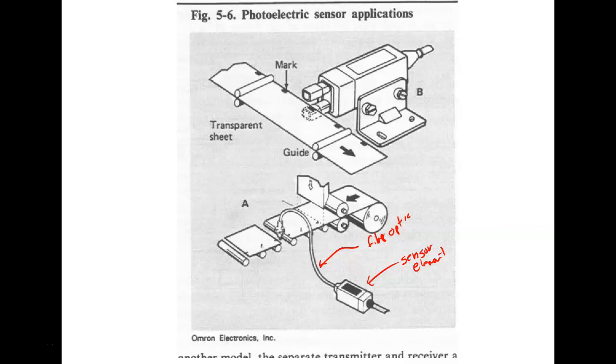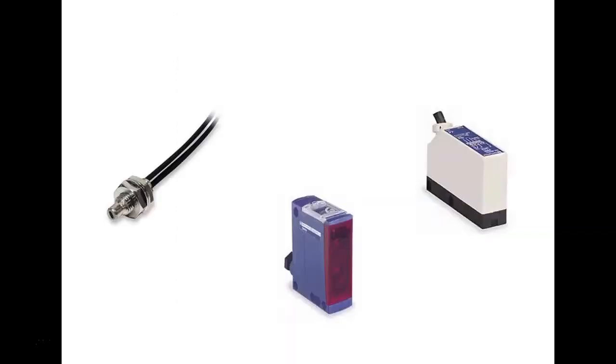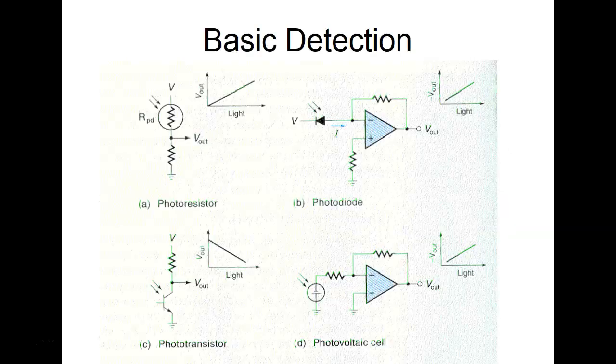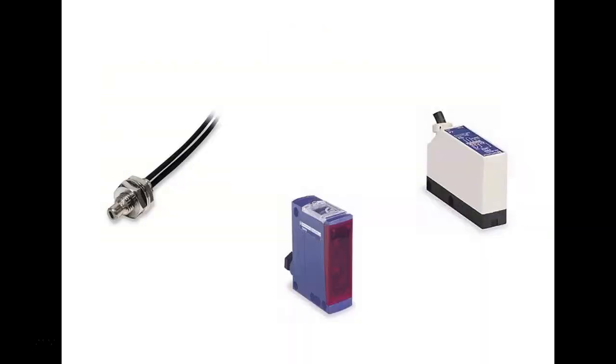All the photoelectric sensors on our manufacturing line use this technique right here. This has two fiber optic cables going to it, so this would be for a diffuse sensor.